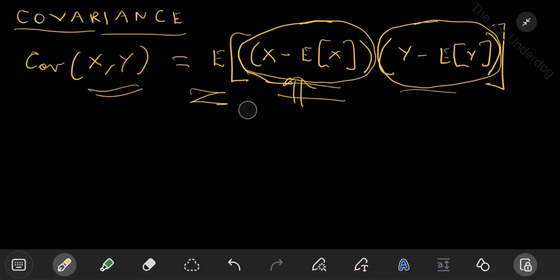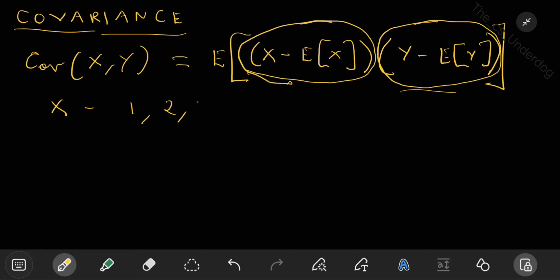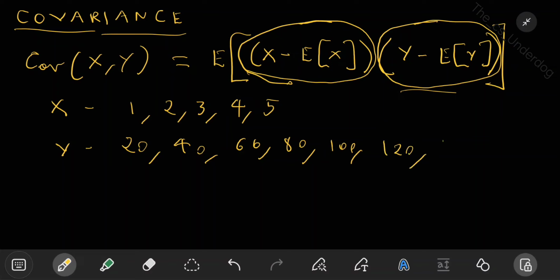So let us take an example and understand. Let us take the same movie rating example that we took. In that, x was supposed to take the values 1, 2, 3, 4 and 5, depending on the rating given for this particular movie by the audience. Let's say there is another variable y, and y says how many days this movie ran in the theater. Did it run for 20 days, 40 days, 60 days, 80 days, 100 days, 120 days, 140 days and so on. Can you guess the relationship between x and y?